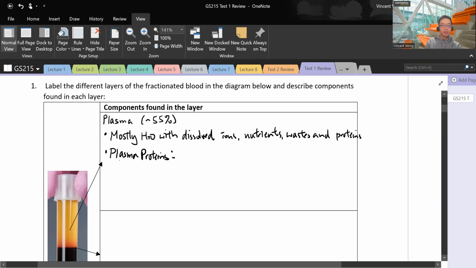Yeah, that's correct, Shelley. There are the albumins. Right, so albumins, which is the most abundant one. Most abundant plasma protein. And the function is to maintain osmotic pressure.